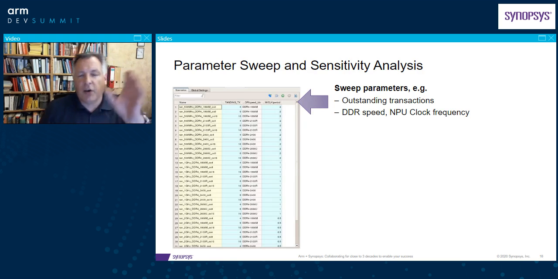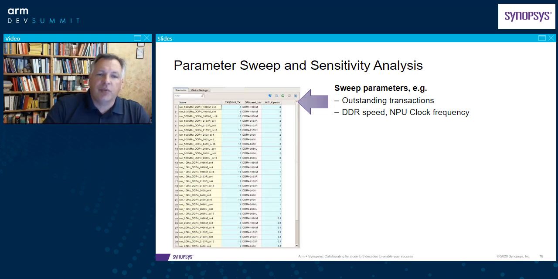What you've seen on the last slide was the result of one single simulation. The next step then typically is to refine the analysis by sweeping over different parameters of the hardware configuration. This way you can gain insight on the impact of different parameters of your design, like outstanding transactions, the DDR memory speed, the frequency of the clock, or the size of the local memories.